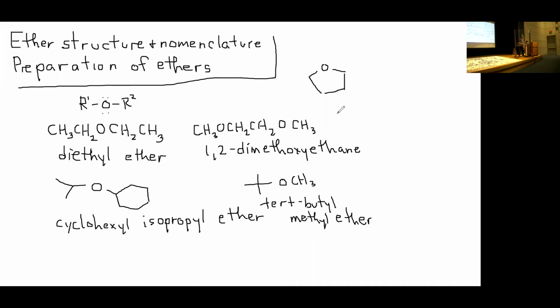The reason it's called tetrahydrofuran is its name is based on this compound. That compound is called furan, F-U-R-A-N. And so if you add 4 hydrogens, tetrahydrofuran, you see the name makes sense. The reduced compound tetrahydrofuran is another pretty commonly used ether solvent.